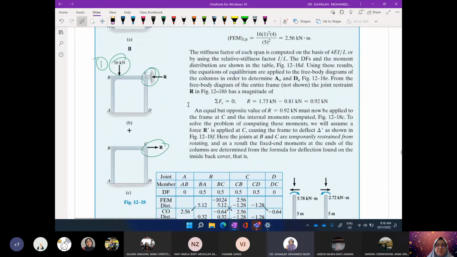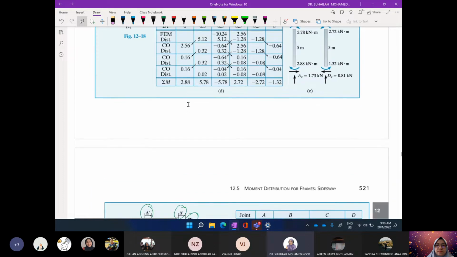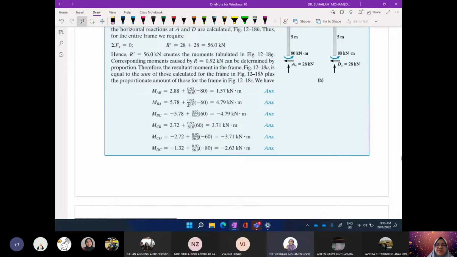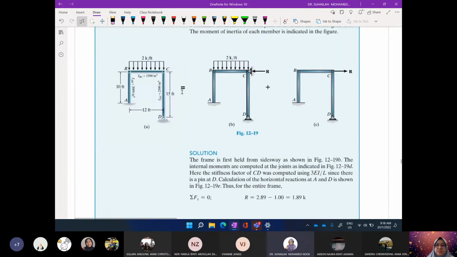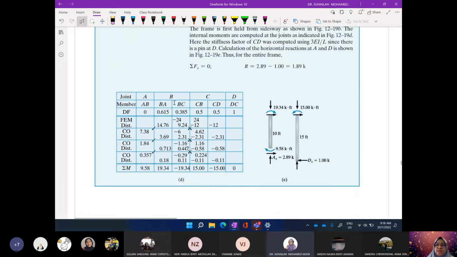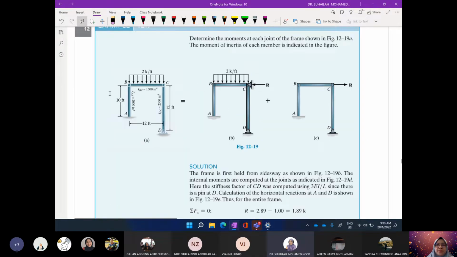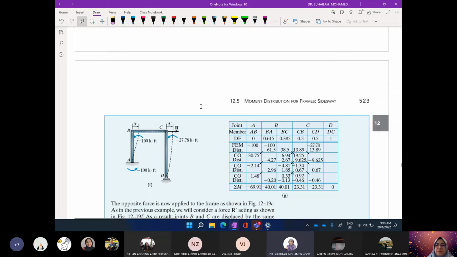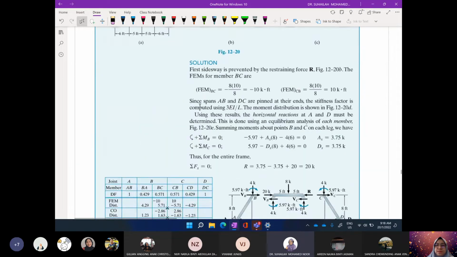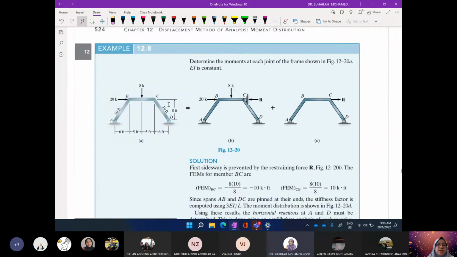This is actually the example, but using imperial units. This is the frame with an inclined member, so this is also under MDM coverage.